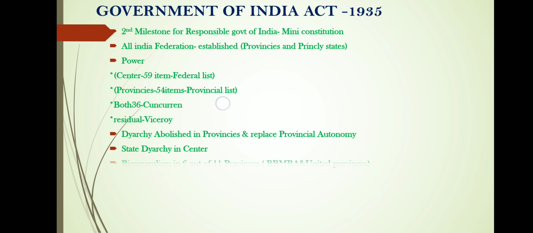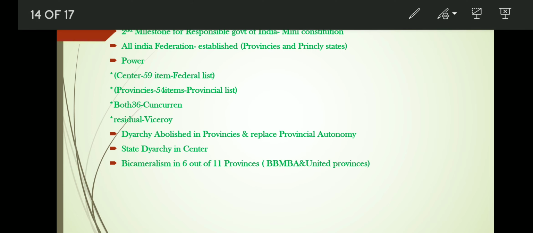Out of 11 provinces, 6 provinces enacted bicameralism. What are they? Bengal, Bombay, Madras, Bihar, Assam, and the United Provinces. Bicameralism consisted of a legislative council, the upper house, and a legislative assembly, the lower house. However, many restrictions were placed on them.